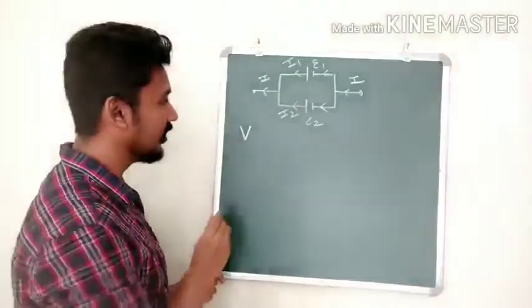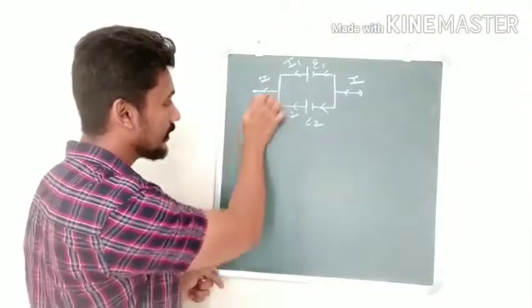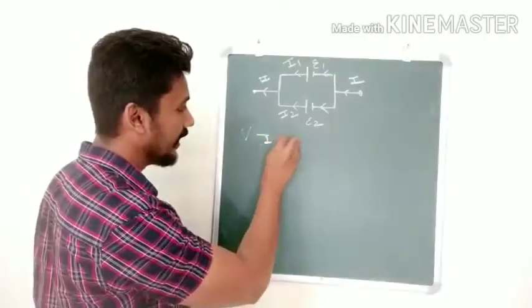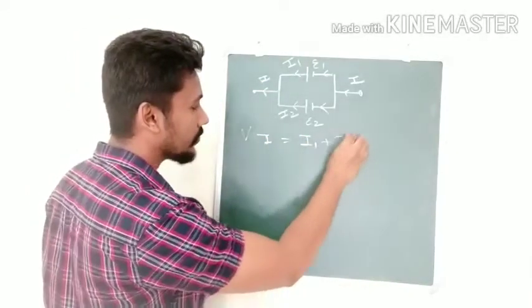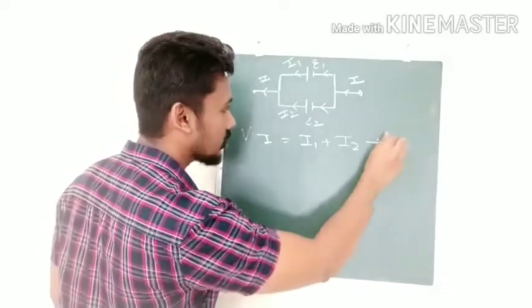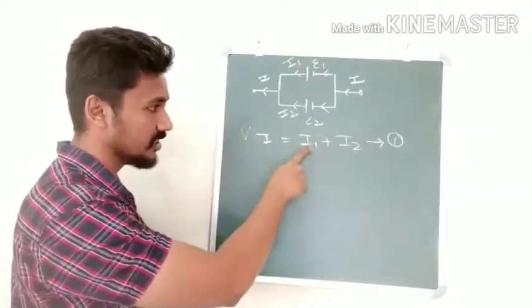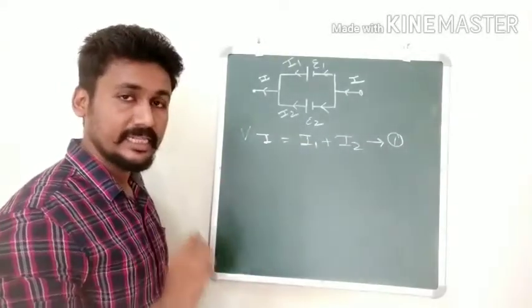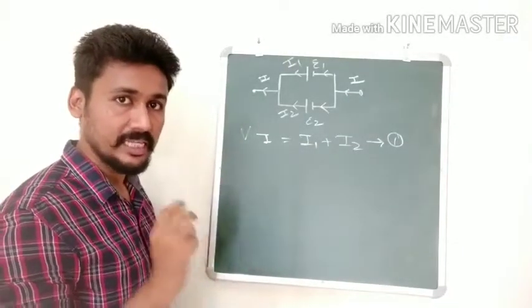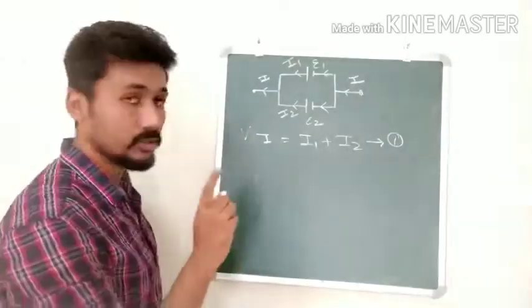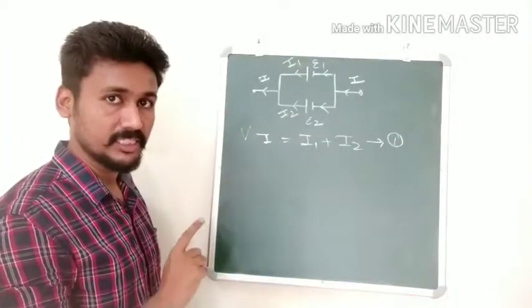First step, we are going to write the current. So we will write I is equal to I1 plus I2, and let us call that equation number 1. I is the total current which is equal to I1 plus I2. Then we know the formula for EMF, and the relationship between EMF and potential difference.